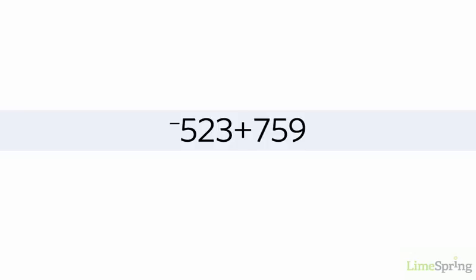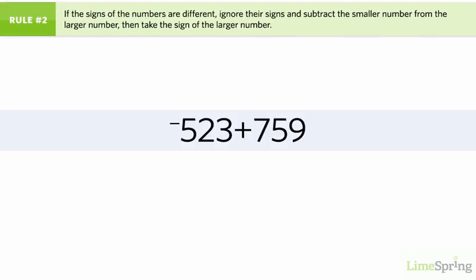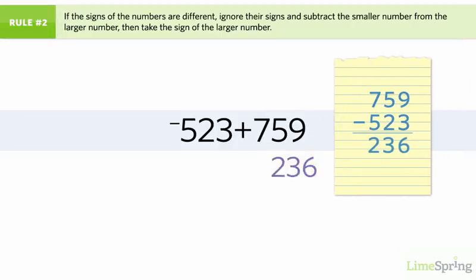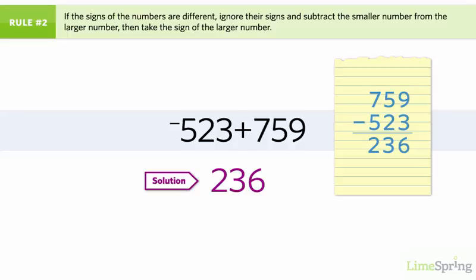The signs of -523 and 759 are different, so we use the second rule and subtract 523 from 759 to get 236. 759 is positive, so our answer should also be positive. Therefore, we know that -523 plus 759 equals 236.